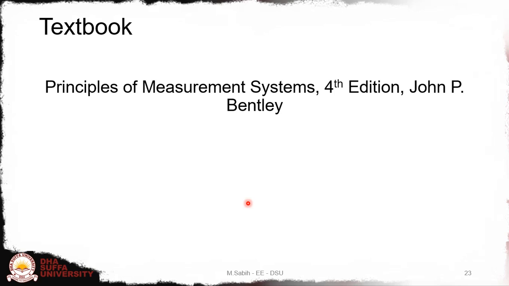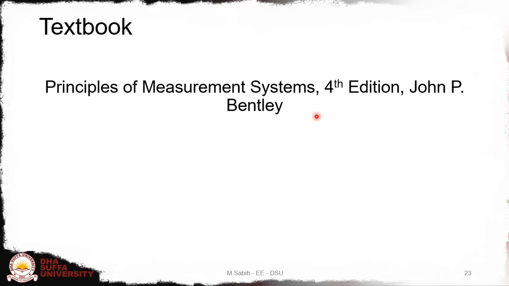The book we will follow is The Principles of Measurement System, 4th edition, by John P. Bentley. The reason is that this book provides you the very basic physical science principles, uses mathematics to connect them, and then uses practical specifications to connect them well.